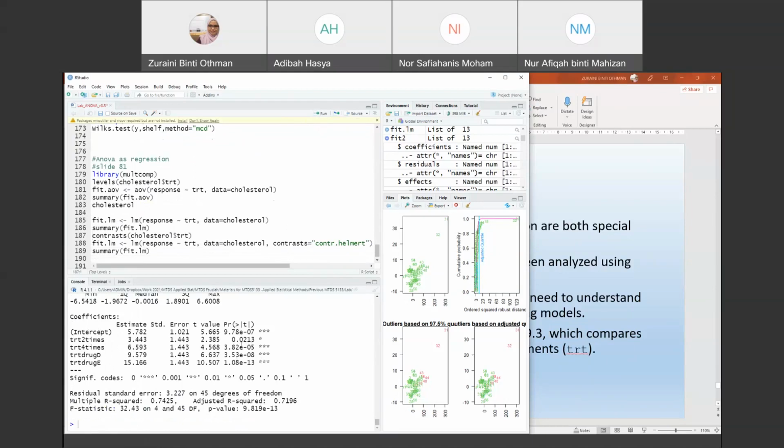Okay, so we can see that, okay, 3, 2 and 1 is, so it is drug regimens versus 2 times, drug regimen 4 times, drug regimen dengan drug D, drug regimen dengan E. So kita nampak semua tu ada, they have a significant difference dia. Okay, so the P value dia memang rendah lah daripada 0.05.